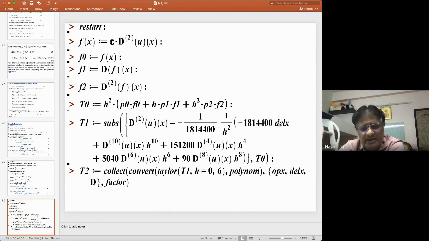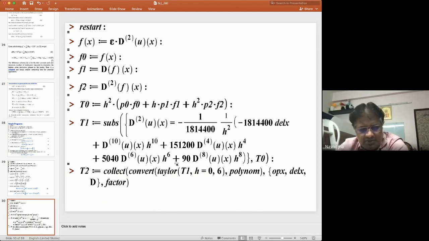Here, OPX or the first derivative is not written because the coefficient of f1 is coming out to be 0. So just to ease the calculation, I have not written OPX. But in case of a variable mesh or other higher order methods, you have to consider other operators also.